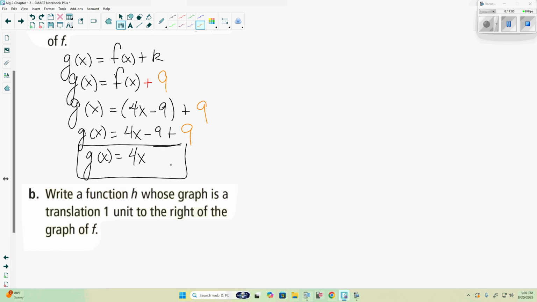So we would just have 4x. There's nothing saying that we can't just lose a term because we moved it up. That 9 is now gone. Yes? It's just 4x. That is possible. In fact, I never wrote the 5 back in.